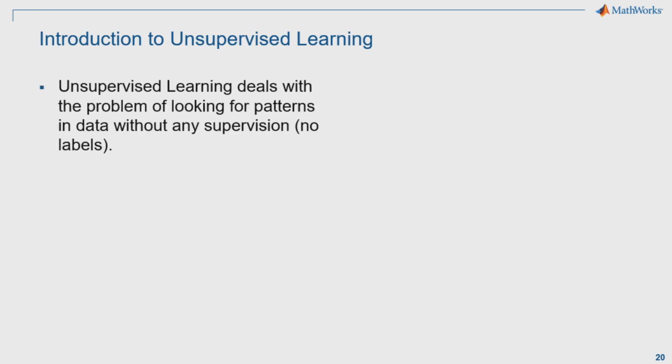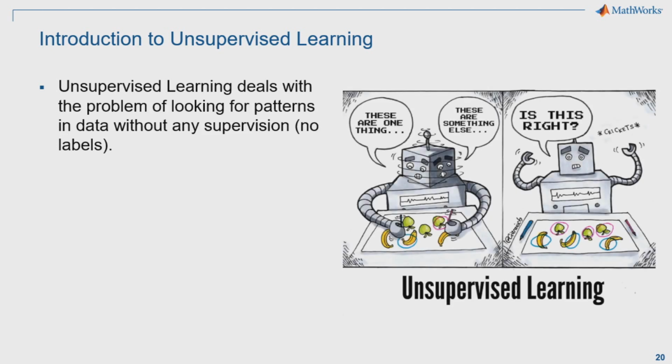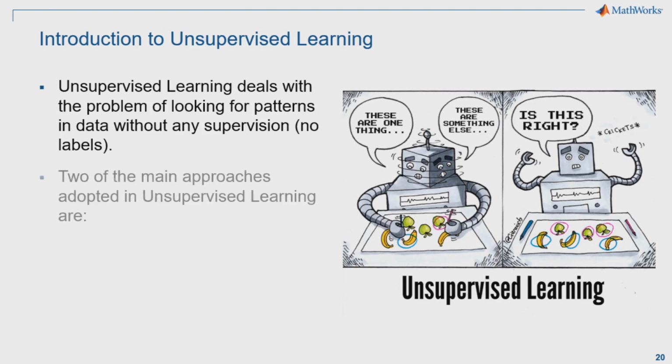So unsupervised learning deals with the problem of looking for patterns in data without any supervision. So we have no labels, we have no ground truth. This picture is funny and gives the idea that our algorithm, here represented as a robot, should understand how to group data without anyone telling it if the way in which it organizes the data set is correct or wrong.